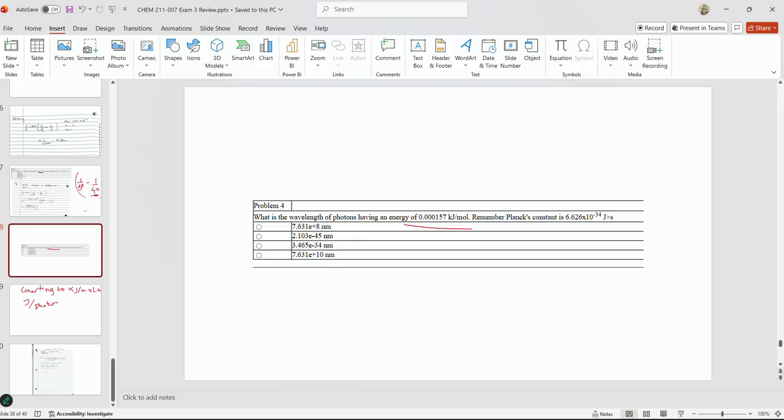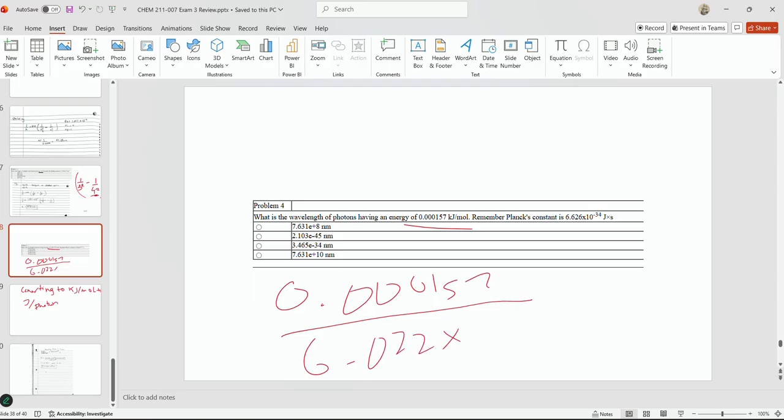So we have 0.000157, and we divide that by Avogadro's number, 6.022 times 10 to the 23rd. And this will be equal to 2.61 times... And what will be the answer? Damn, I think I have the solution incorrect.